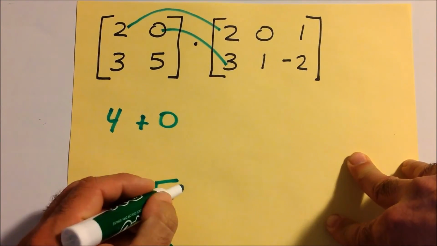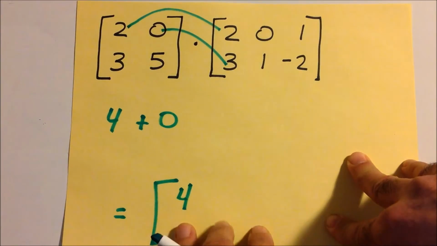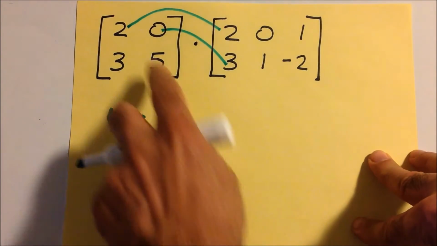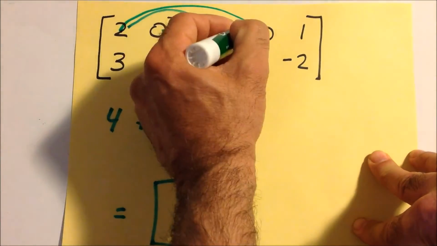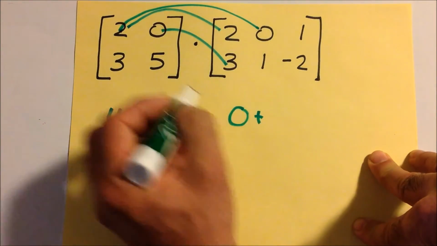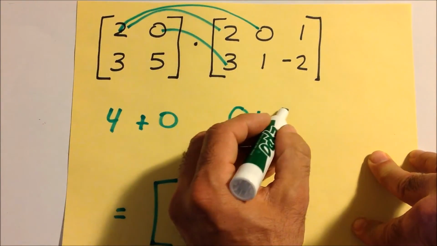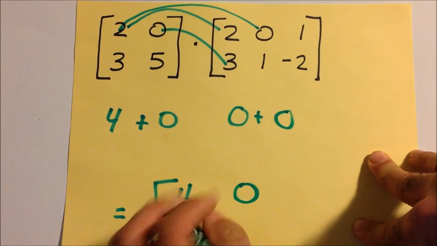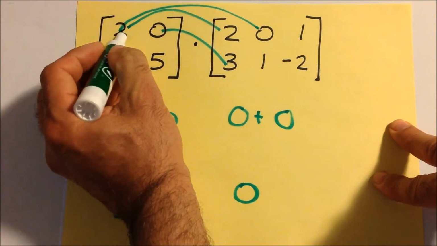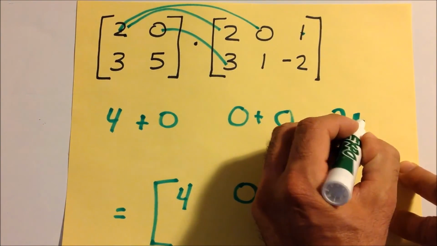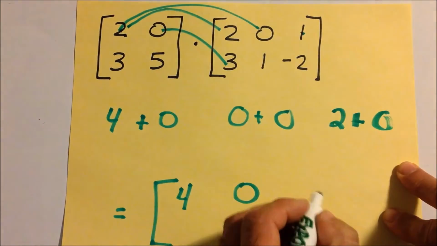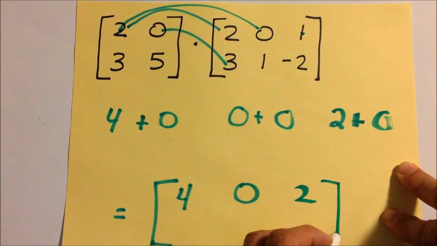So we already have our first number in the matrix. Let's complete the first row. 2 times 0 is 0, and 0 times 1 is 0. 2 times 1 is 2, and 0 times negative 2 is 0. First row is completed.